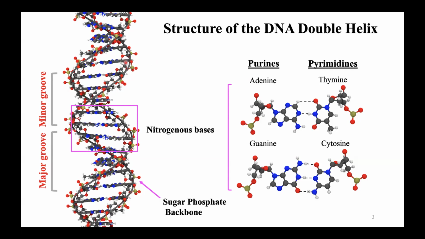Yes, the phosphate group and the sugar ring form the backbone, which is placed outside of the double helix. The phosphate groups are negatively charged, while the nitrogenous bases are hydrophobic and hidden inside of the double helix. Usually, the nitrogenous bases come in four types: adenine, thymine, guanine, and cytosine.